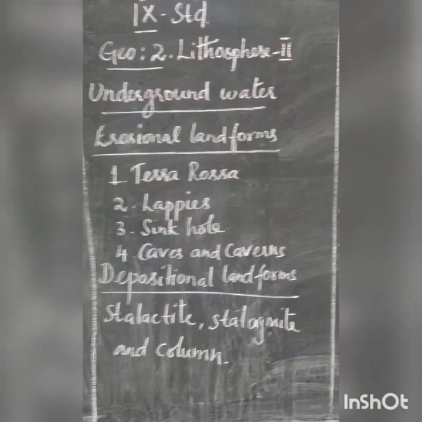Next we move on to erosional landforms of underground water. Most of erosion takes place due to the process of solution. As a result, landforms such as terra rossa, lapies, sinkholes, swallow holes, dolines, uvalas, poljes, caves and caverns are formed.